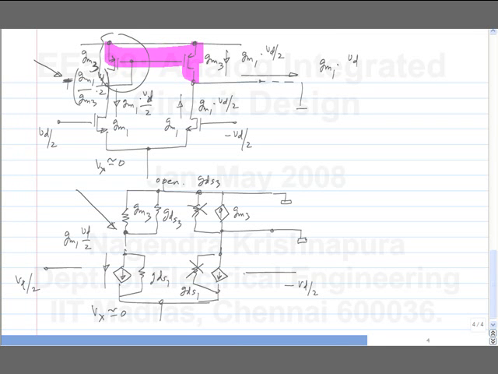So the only difference from the previous case is that you have GDS3 and GDS1 added to GM3. Okay. So this voltage is minus GM1 by GDS1 plus GDS3 plus GM3 times half of VD. Okay. So now the lower part of the current here remains the same.